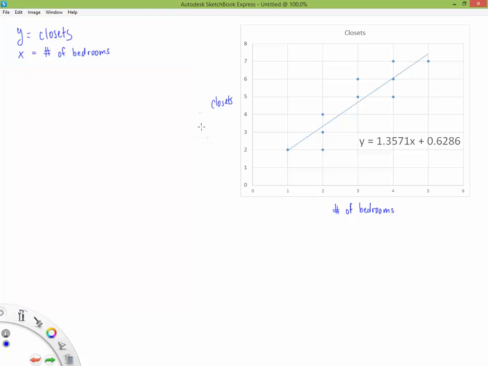Can you guys see this prediction equation here? I have y hat, or y, equal to 1.3571x plus 0.6286. So let's do a quick exercise.